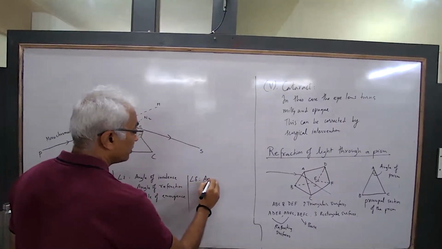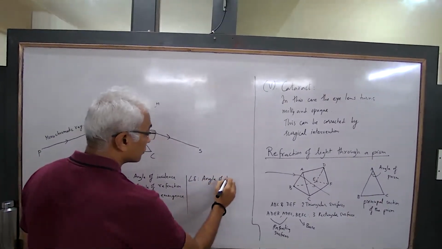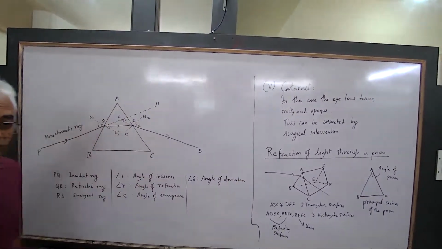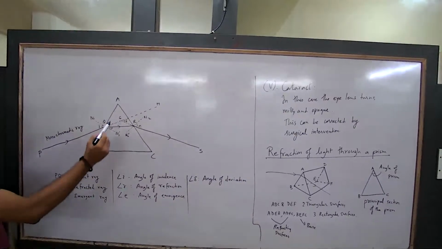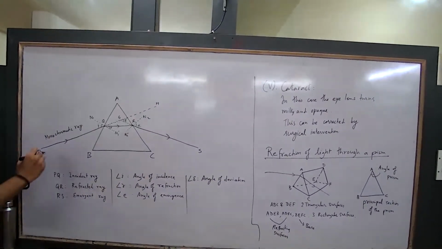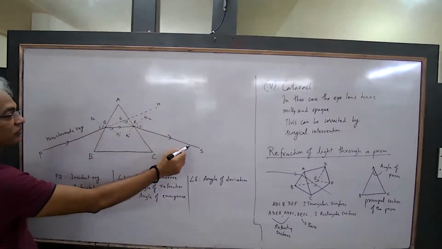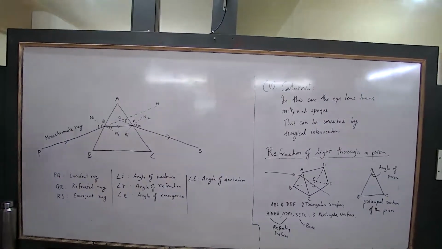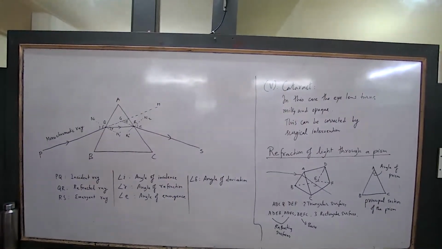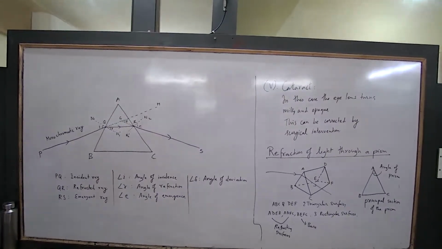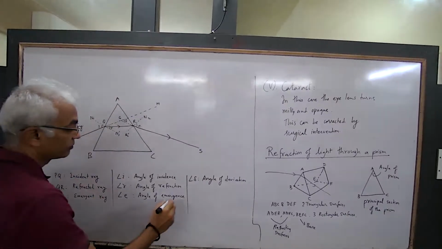It's called angle of deviation. What is angle of deviation? So angle between the final emergent ray and incident ray. Okay, it is the angle between the direction of incident ray and emergent ray. That's the bending of light. And the last angle is angle of prism.